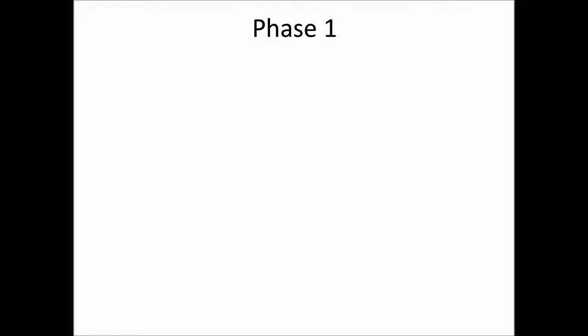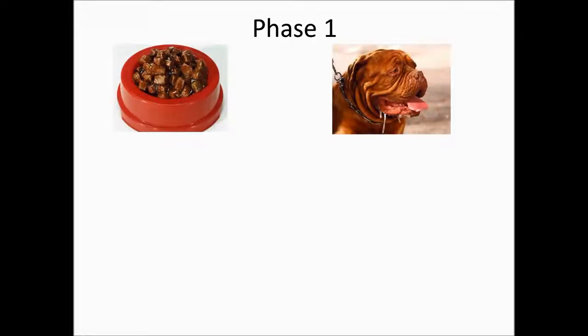Now, there's three phases to this classical conditioning. In the first phase, we have meat and a salivating dog, and the meat has caused the dog to salivate. We call this meat powder an unconditioned stimulus, which causes an unconditioned response. Okay, so this bit is important to understand.